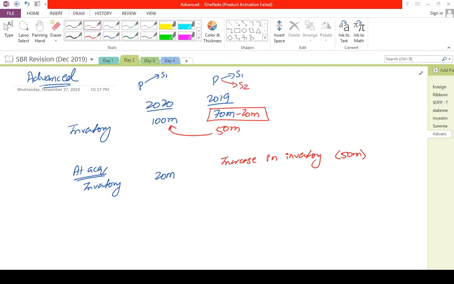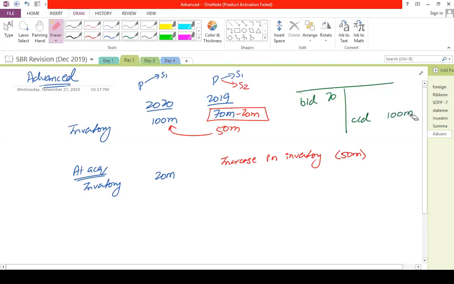Cindy, we said that if I make a simple T account, the inventory opening was 70, the inventory closing is 100. And when we would have sold the subsidiary, the inventory of 20 million would have been credited because the subsidiary would have taken its own inventory.